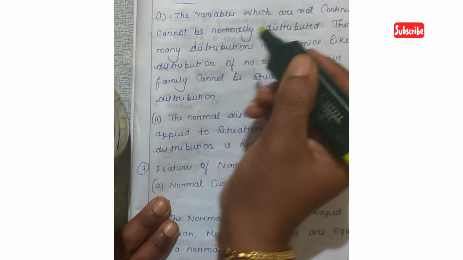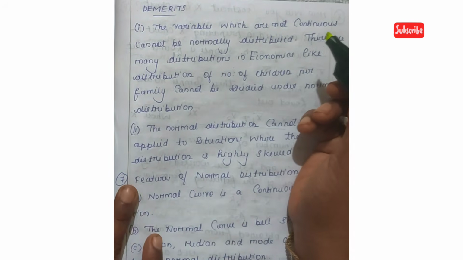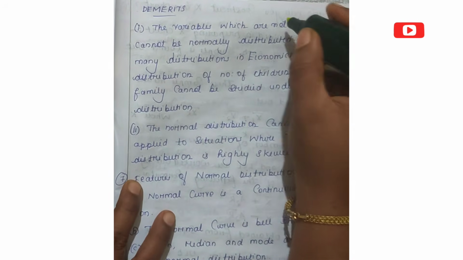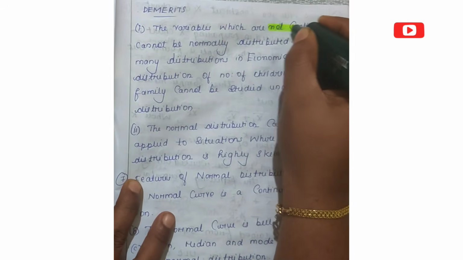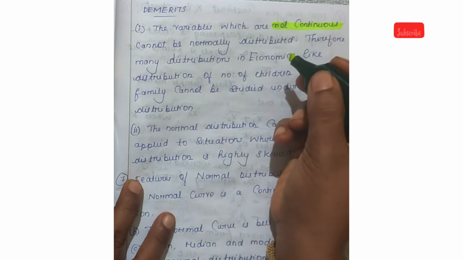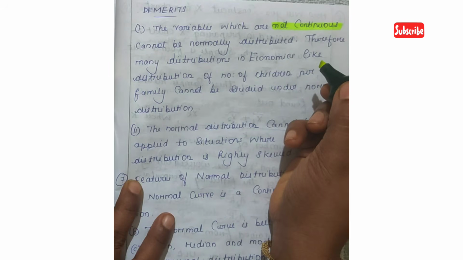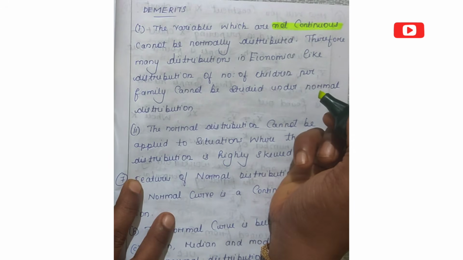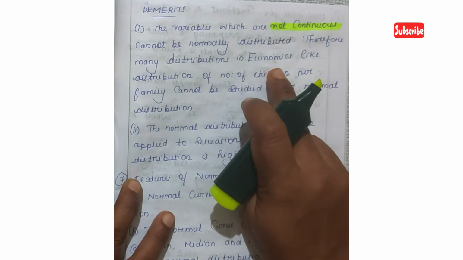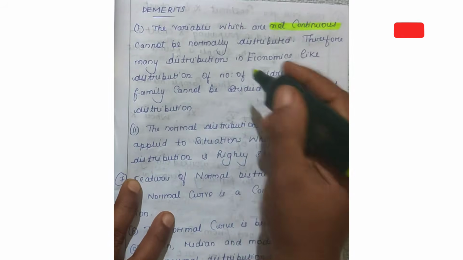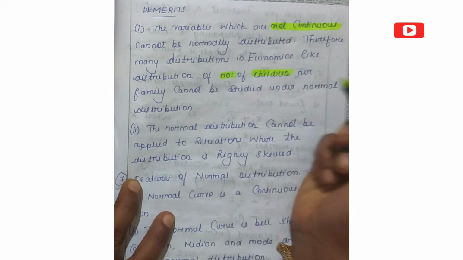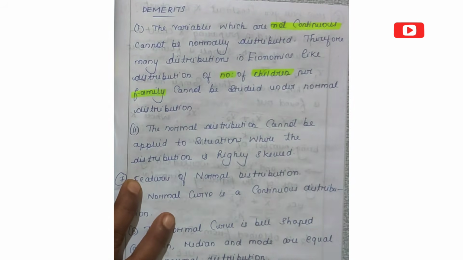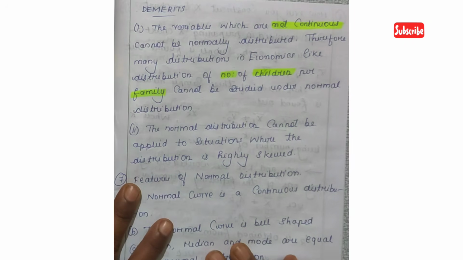Coming to the demerits. The variables which are not continuous cannot be normally distributed. Therefore, many distributions in economics like distribution of number of children per family cannot be studied under normal distribution.